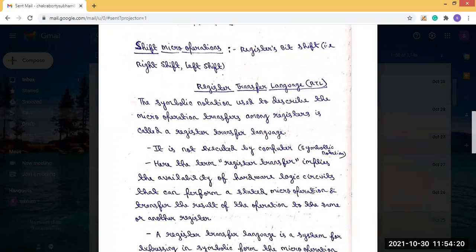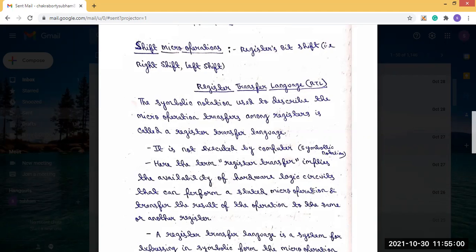And what does the term register transfer mean? Register transfer implies the availability of the hardware logic circuit that can perform the stated micro operation, and transferring the result of the operation to the same or another register.